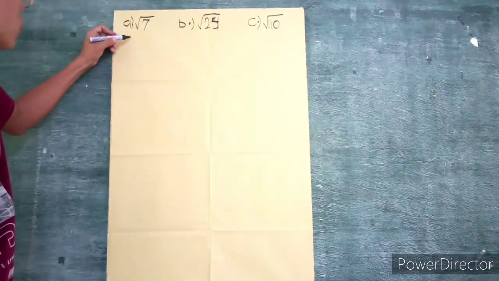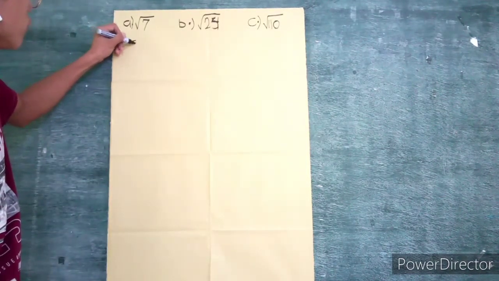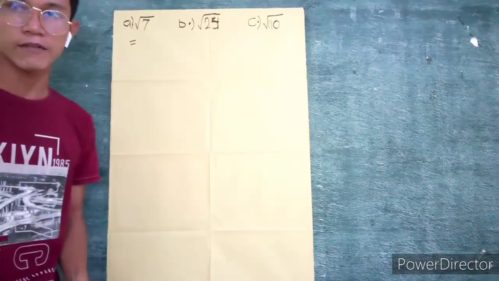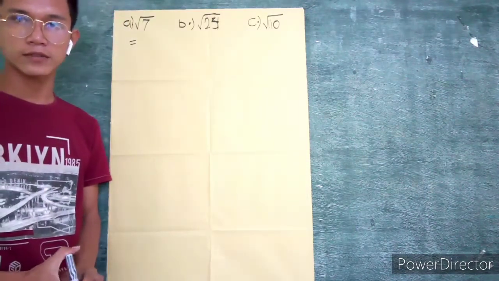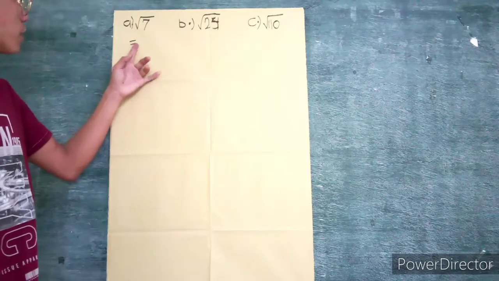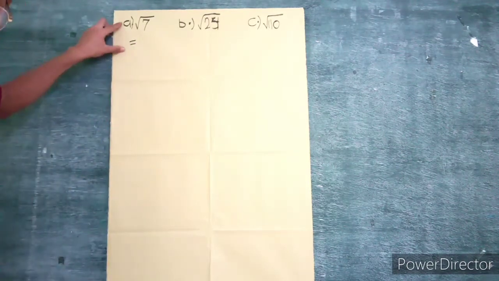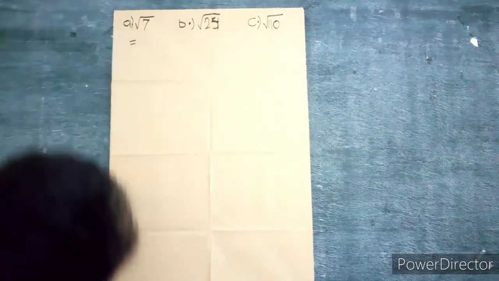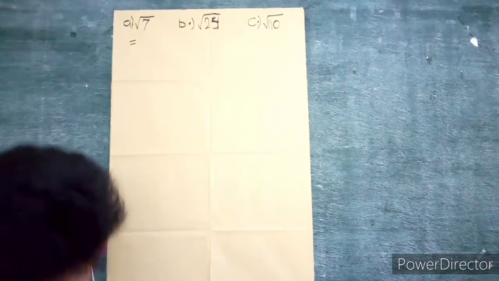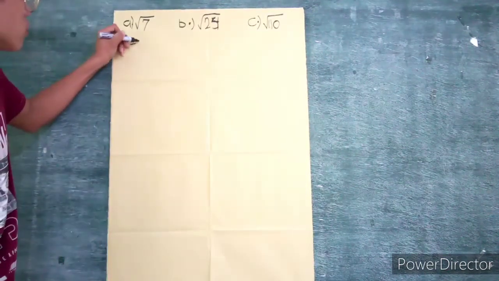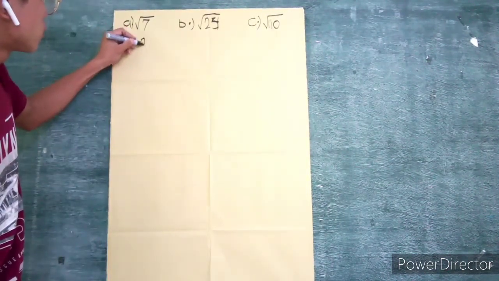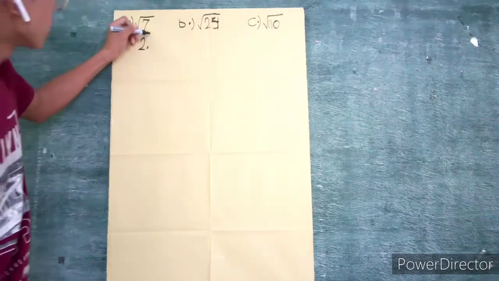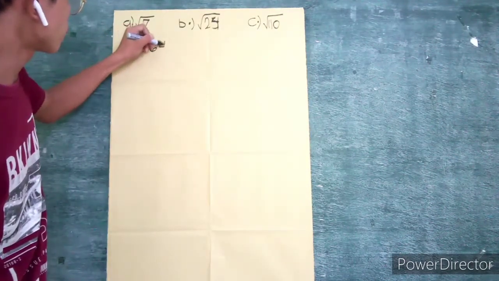So we're going to solve this using calculator to find the value of square root of 7. So in this case, use calculator. It is, the answer is 2.646.